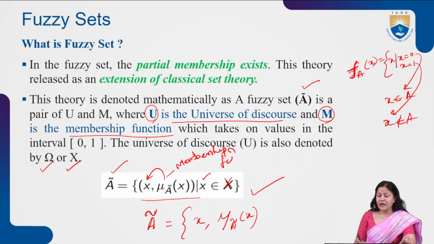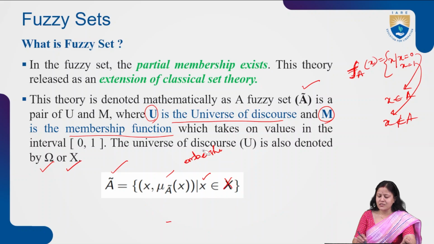That means A tilde is the fuzzy set, mu is the membership function, and x is the element. So for this element x, we are defining the membership value or the degree of truthness, such that x belongs to X. X is nothing but the universe of discourse, right? So this is the mathematical representation for the fuzzy set.